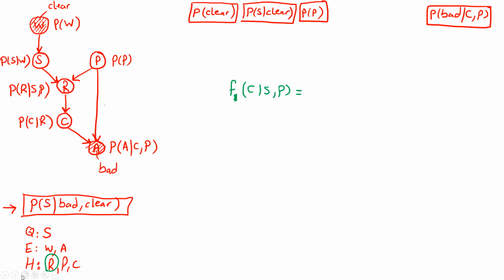We don't have them now. We just add F1 of C given S and P. We replace the ones that we joined with the one that we get after elimination. Now Mustafa, I want to eliminate P.